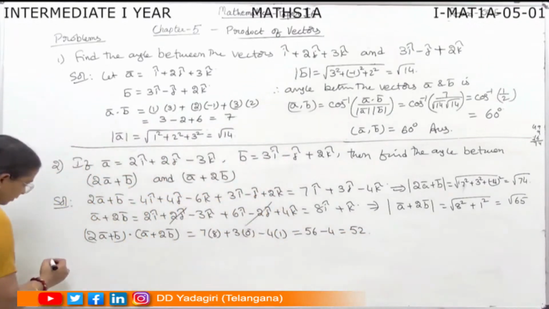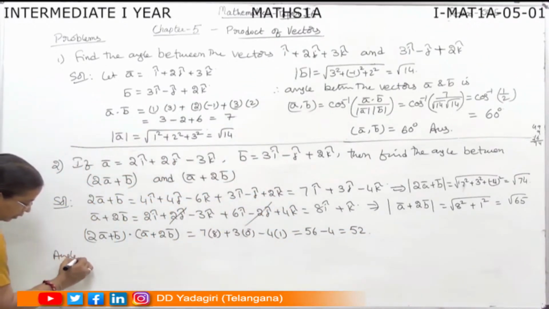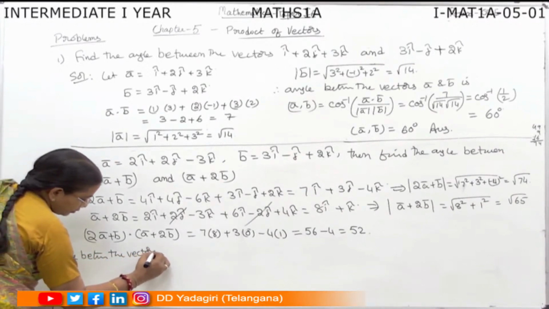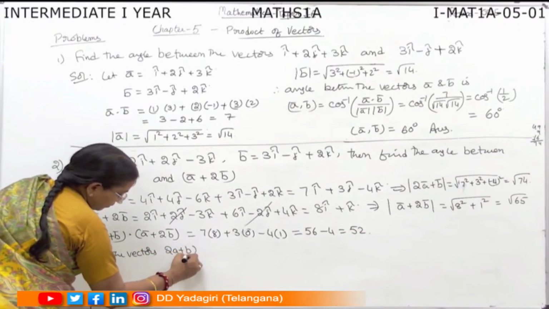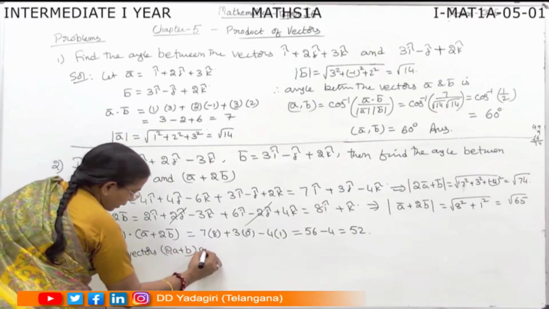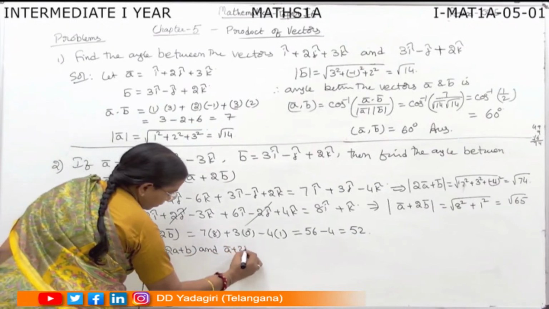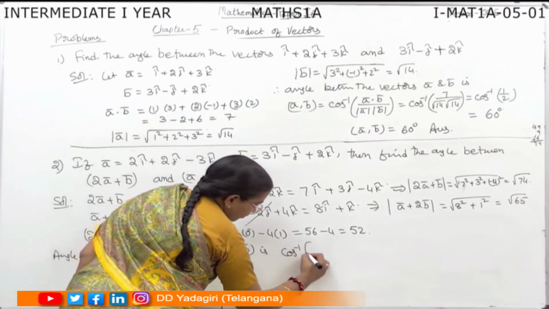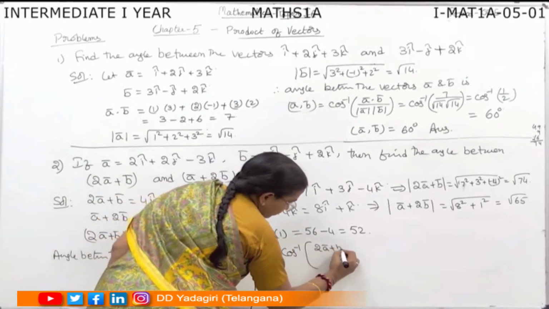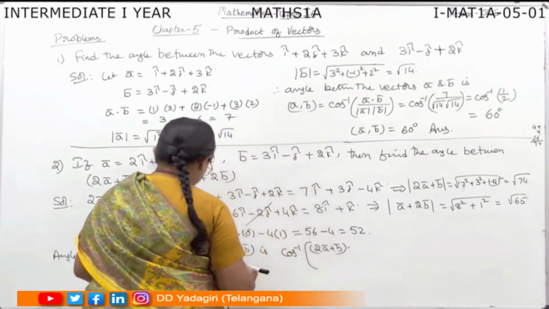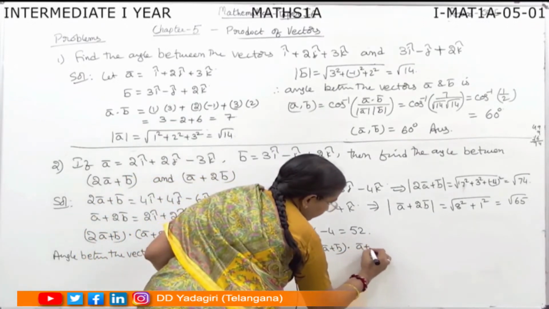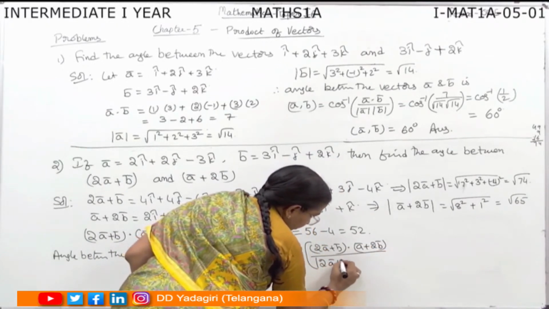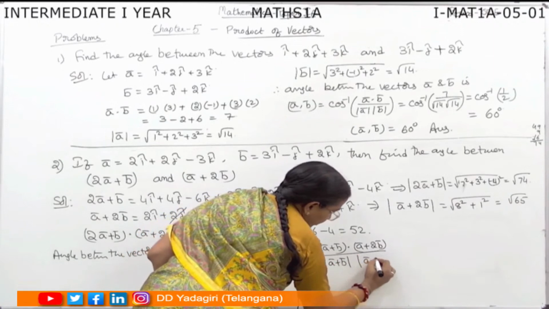So the angle between the vectors 2A plus B and A plus 2B is given by cos inverse of 2A plus B dot A plus 2B by mod of 2A plus B into mod of A plus 2B.